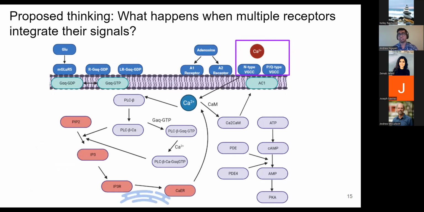And lastly, I want to talk about the last piece of the model that I have currently, and that is involving these VGCs, or voltage-gated calcium channels, and how the presence of these channels actually modulate intercellular calcium.